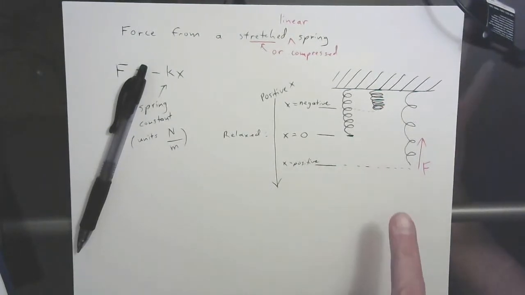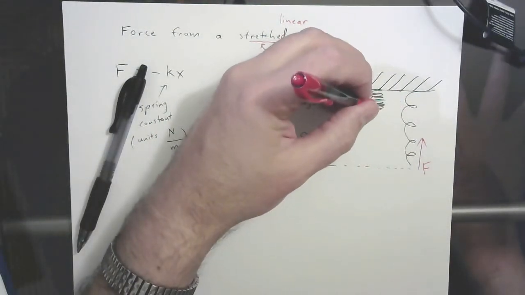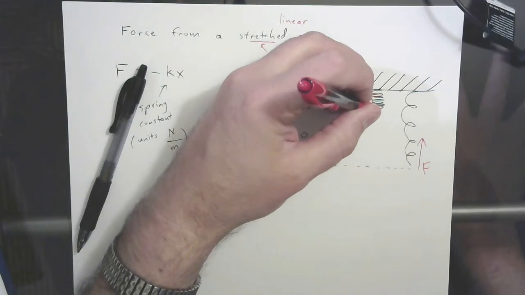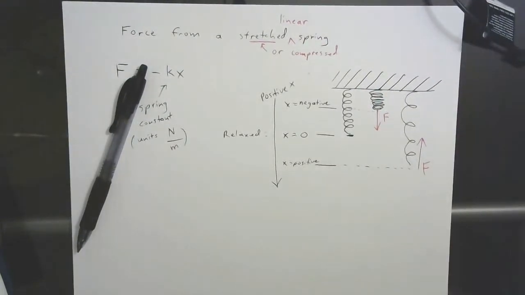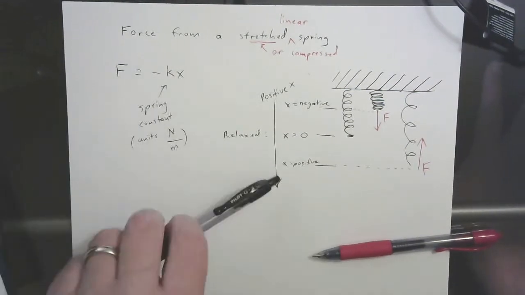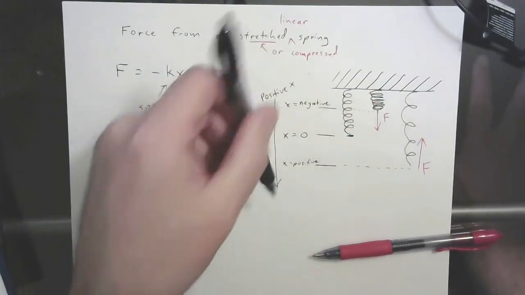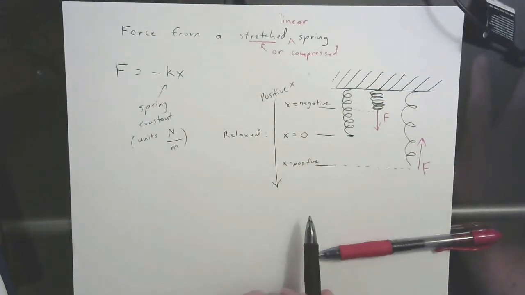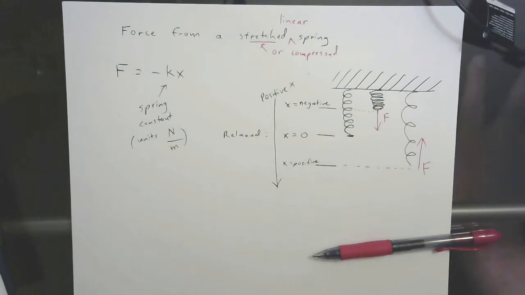And then if you press on the spring, you compress it like that, then that spring also wants to relax to its position here. So in that case, the force is like that. Hence, if that's the positive x direction, this force vector is the other way. That's why there's a negative sign in there, just to keep the directions straight because it's a vector.